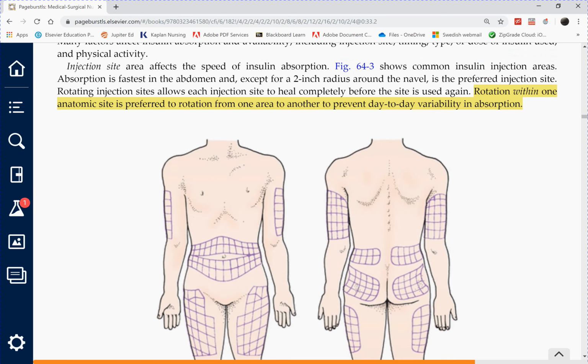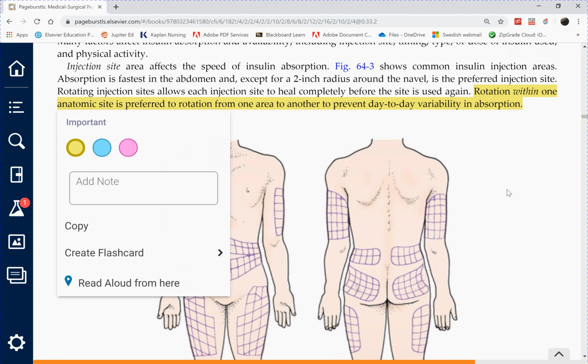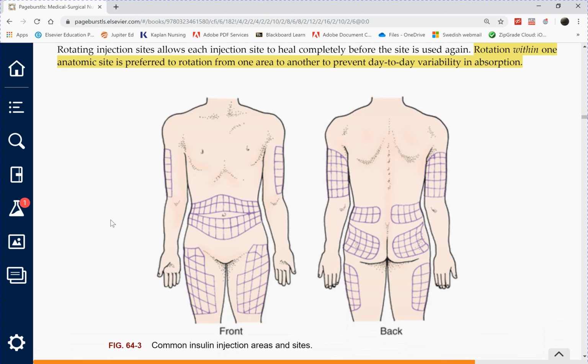Please take note of what I highlighted here, that rotation within one anatomic site is preferred to just randomly giving it. So let's say you're the nurse giving this to a patient who gets insulin 4 times a day, before meals and at bedtime. If you decide to give it on the arm today, give it all in the arm.